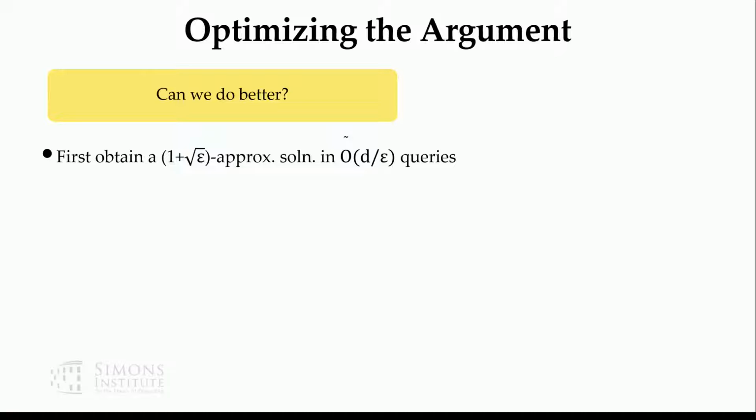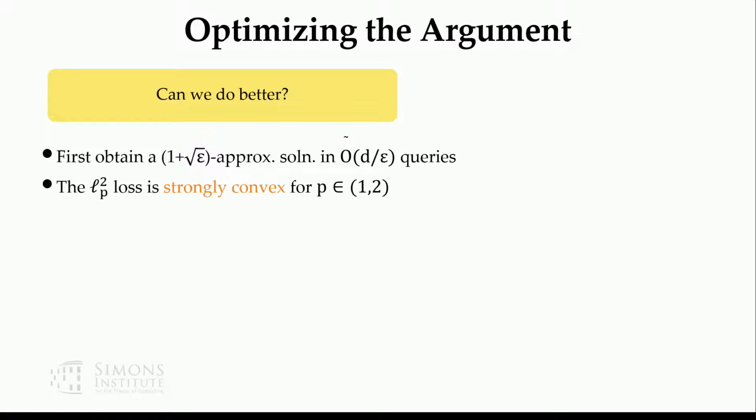We know the optimal number of queries is d over epsilon. That's what I was claiming to you. The previous analysis using chaining would have a 1 over epsilon squared dependence instead of a 1 over epsilon dependence. But it's still useful for getting an initial solution. We can first obtain a 1 plus root epsilon approximation with roughly d over epsilon queries using that analysis.